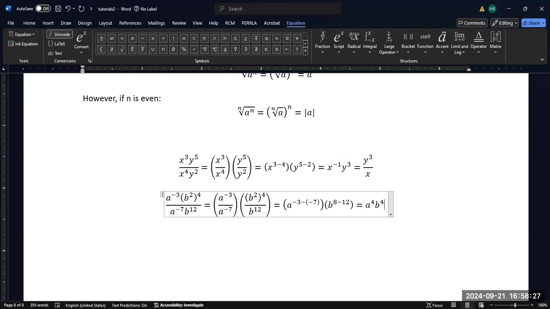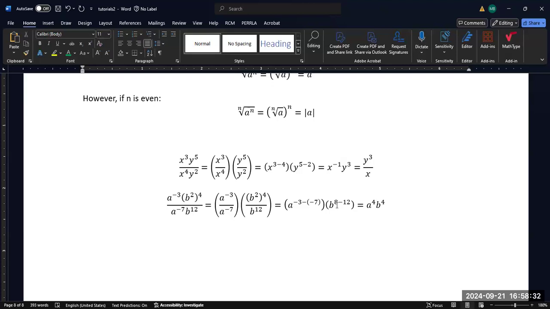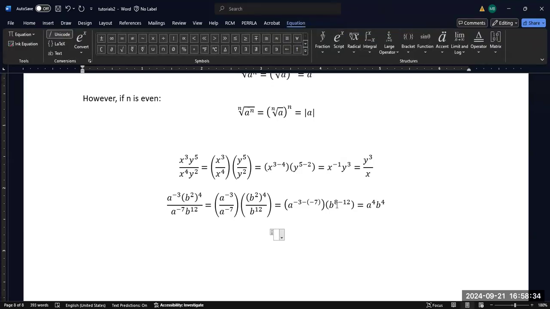Now, again, this is not necessarily the only way that you can simplify. You could, for instance, move your a to the 7th to the numerator to make it positive, and then move your a cubed to the denominator to make it positive.